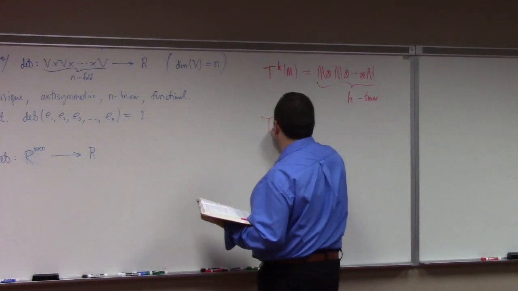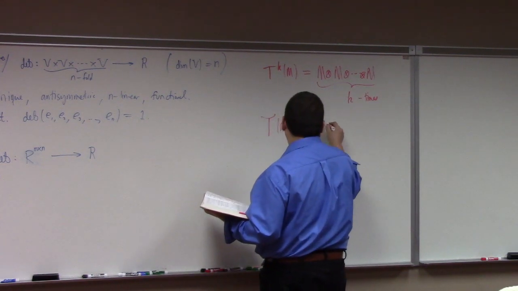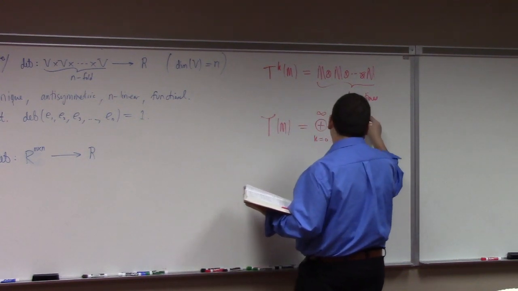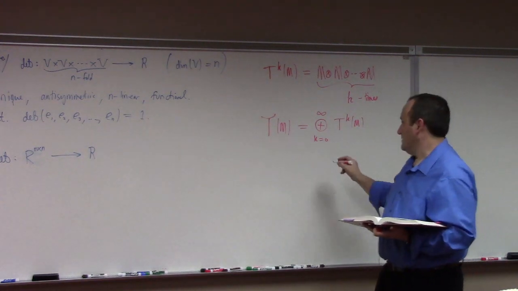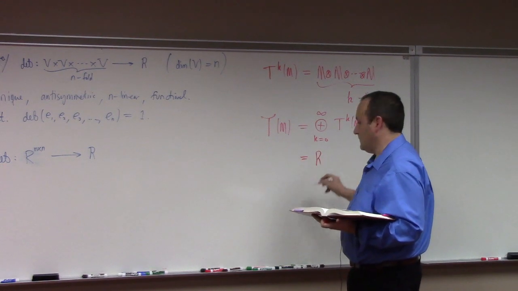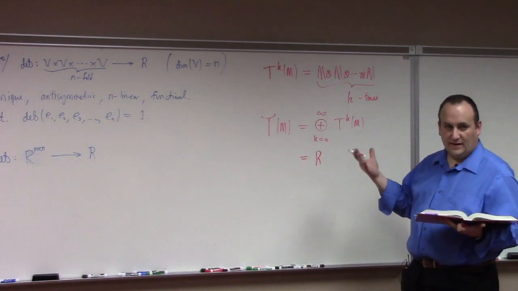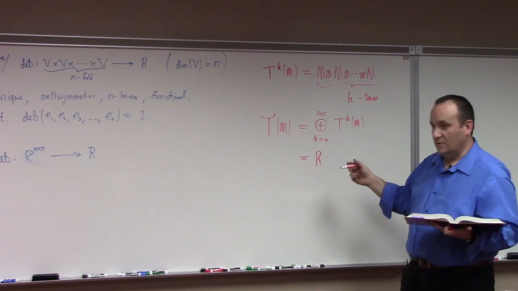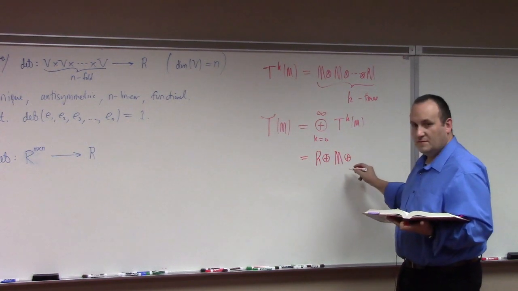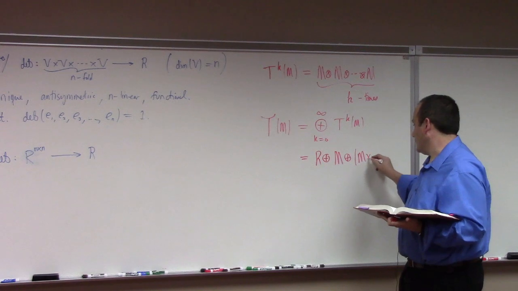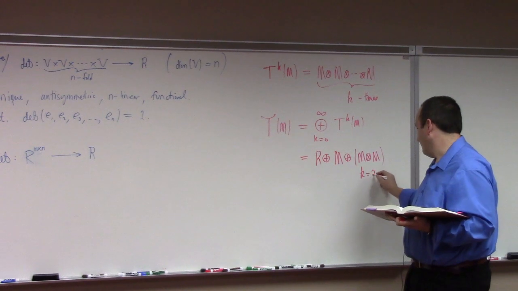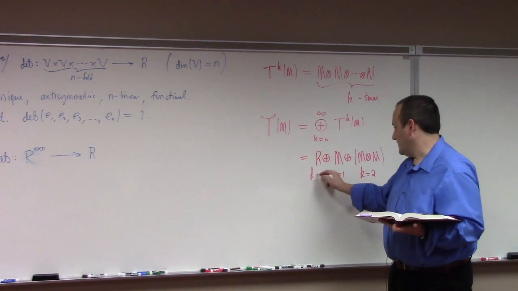And then the tensor algebra on M is the direct sum, k equals 0 to infinity, of T^k M. So this has in it, at the 0th order, the ring itself. K equals 1 is the module. K equals 2 is the tensor product of the module with itself. And so forth.